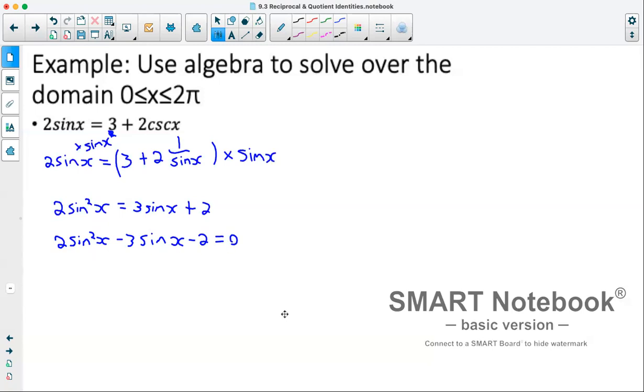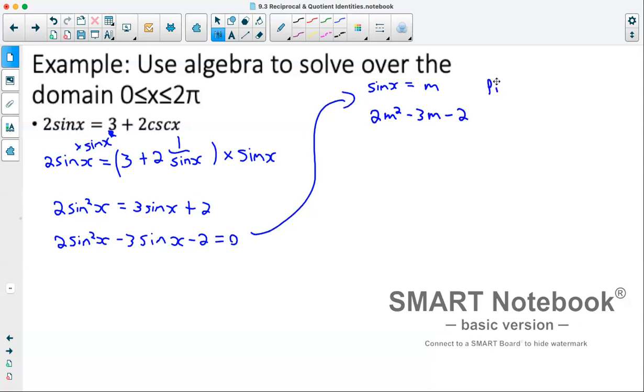Now for factoring these, I find it's often easier to temporarily get rid of the signs. So I'll just say, for example, sine x is equal to m. So if I rewrite this with m's, for anywhere we have sine x, we've got 2m squared minus 3m minus 2.